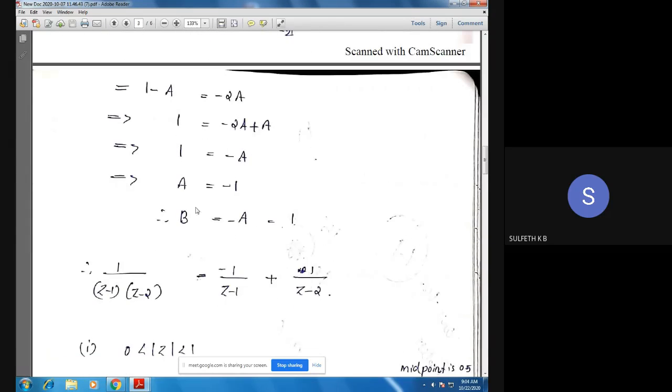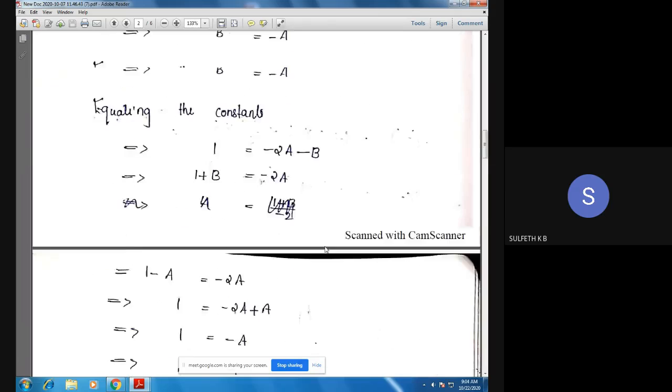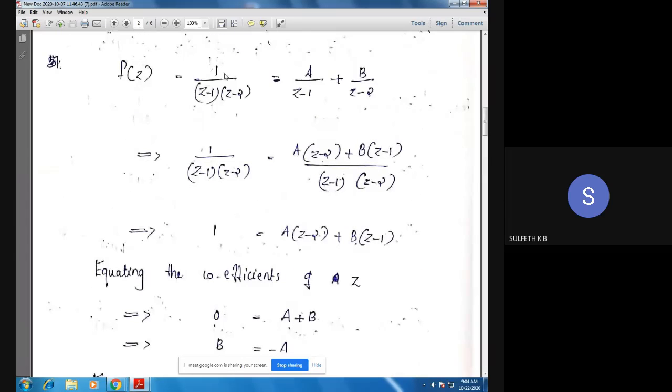Therefore, we got the value of a as minus 1 and the value of b as 1. We have the function 1 by z minus 1 into z minus 2. We represented this function as a divided by z minus 1 plus b divided by z minus 2.